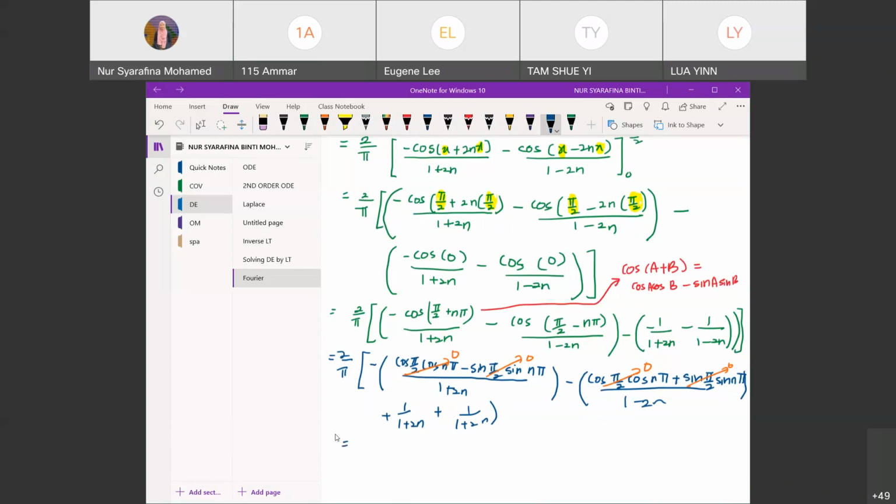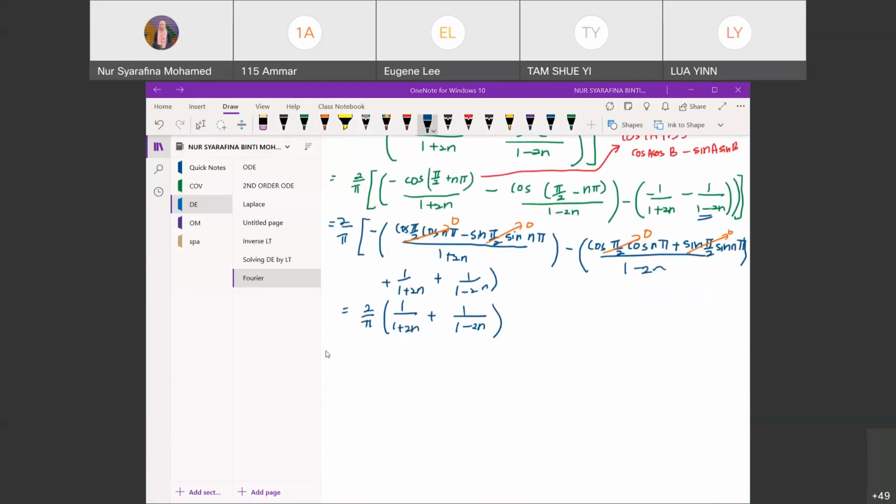What's left is 2 over pi, 1 over 1 plus 2n plus, sorry, this is minus, 1 over 1 minus 2n, okay?